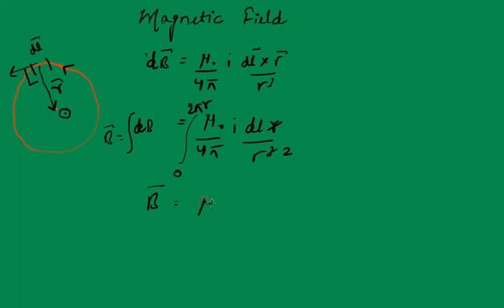Once we do that, we get μ₀/4π I into 2πr, and here you have this r squared. Once we simplify it, 2π will be 2, r will be r. So essentially you have μ₀I by 2r.